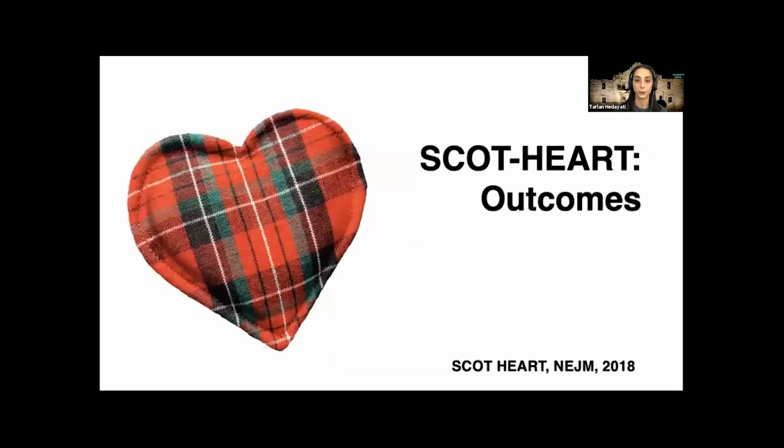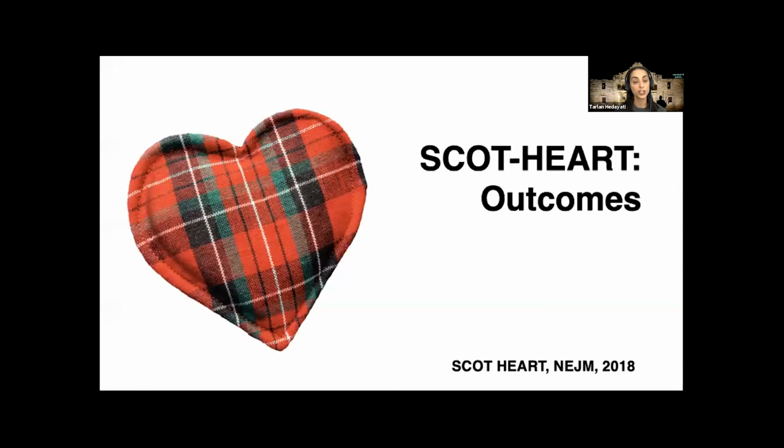So now you take that original SCOT-HEART trial, and remember, we had outcomes at 6 weeks. They then stretched it out to 5 years. And what did they find after 5 years of following these patients? What they wanted to know was, what was the difference in terms of death from coronary heart disease or non-fatal MIs at that 5-year mark between these two groups, the CTCA group and the standard therapy group.